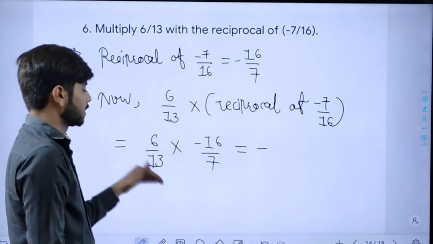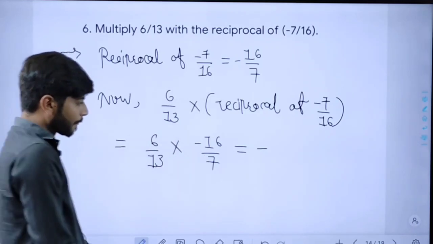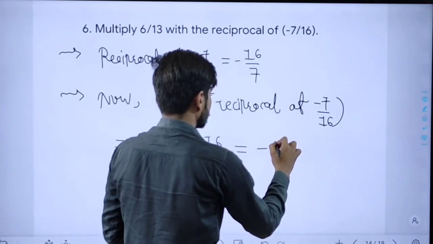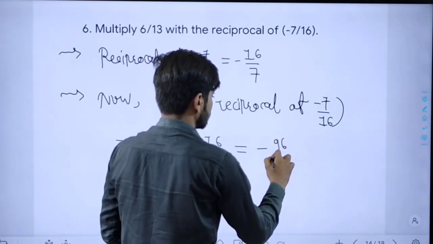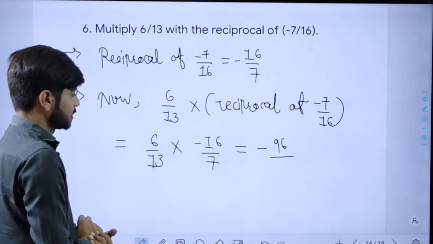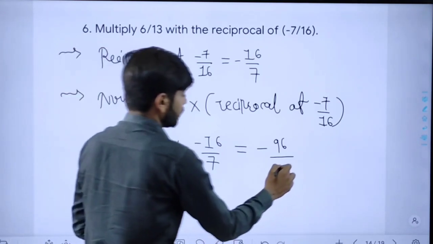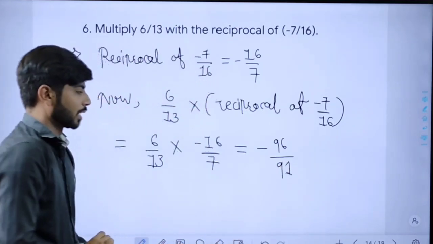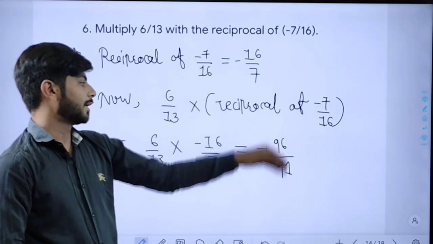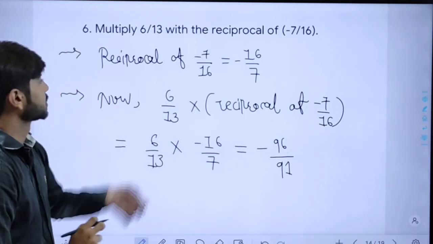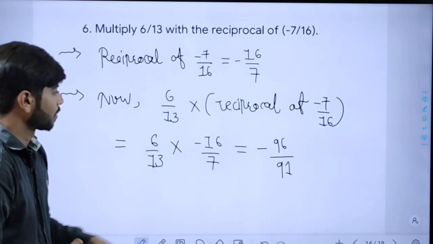Now 16 6s are 96 and 13 7s are 91. So our answer will be minus 96 upon 91. Okay, so the sixth question is over here.